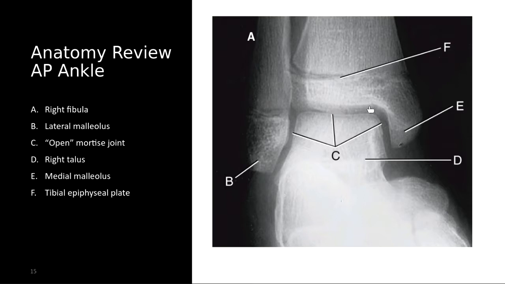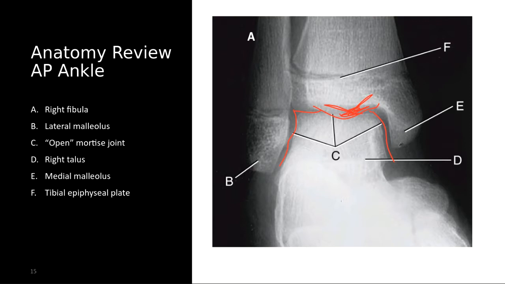So the Mortise joint tends to be open on either side, but not in the middle, because if you look, like this is open. If you look right here, this is actually obscuring the joint space. So you've got open here. You can tell that's open, and you can tell this is open, but this, it's open all the way to here. Okay, but this area in here, not open.